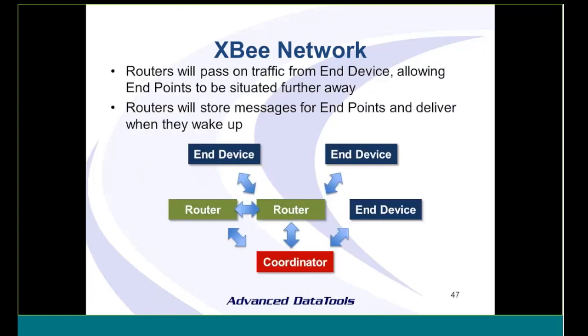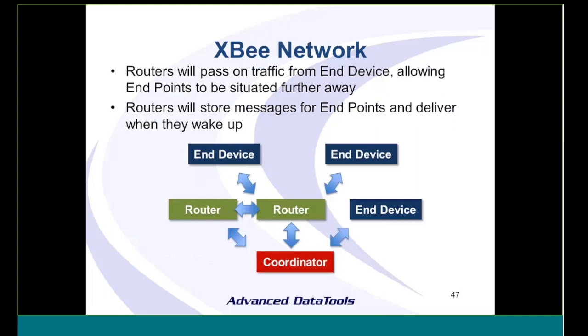So here's a picture of what your XBee network might look like: a combination of routers, end devices, and a single coordinator, all communicating their data back to the coordinator. Where the mesh network comes in is that the routers can be used to relay data over to other routers or end devices.